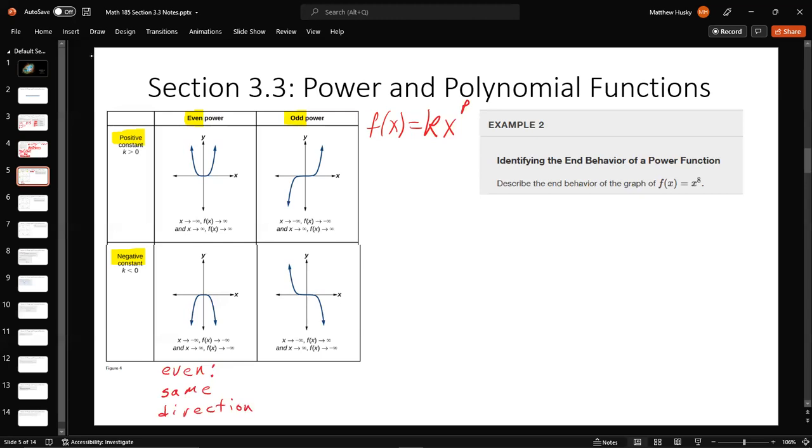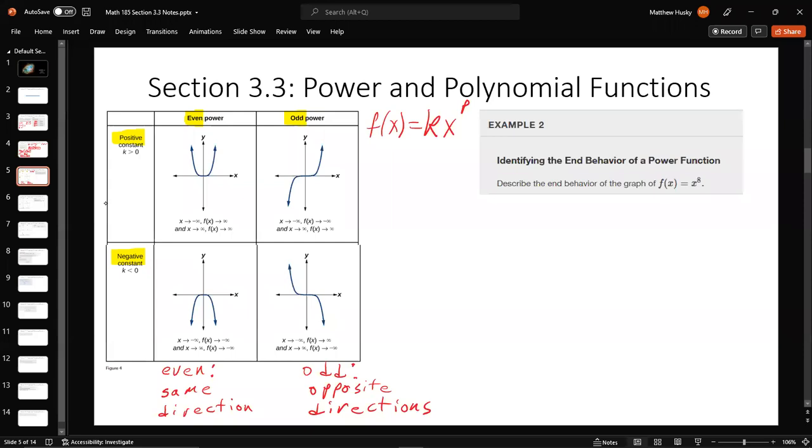On the other hand, if you have an odd power, those are going to go in the opposite direction. Like with this one, the left side goes down and the right side goes up. Here, the left side goes up and the right side goes down. But the big takeaway from either of these is that the ends go in opposite directions. One goes up and one goes down.